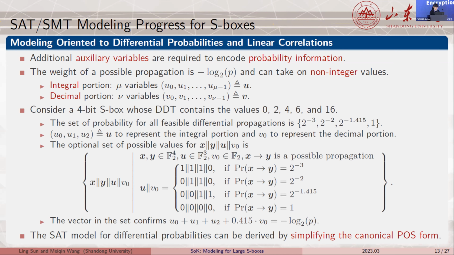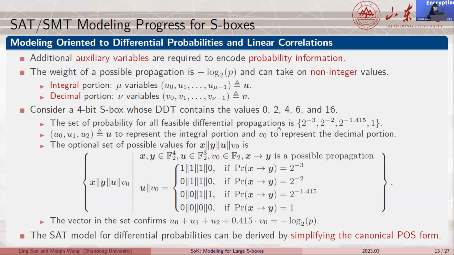Now we consider a 4-bit S-box, and its DDT contains these values. The set of probabilities for all feasible differential propagations looks like this. To encode this probability, we introduce 3 variables to represent the integral portion and 1 variable with 0 to represent the decimal portion.